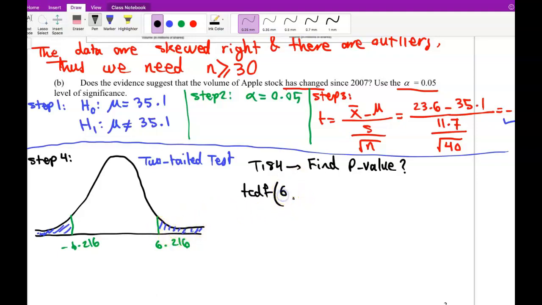So I have 6.216, comma. Starting from this point going to the right, we have positive infinity. For positive infinity, press 2nd, then division, then enter 99. So this is infinity. Then comma, our n is 40, so degrees of freedom is 39.